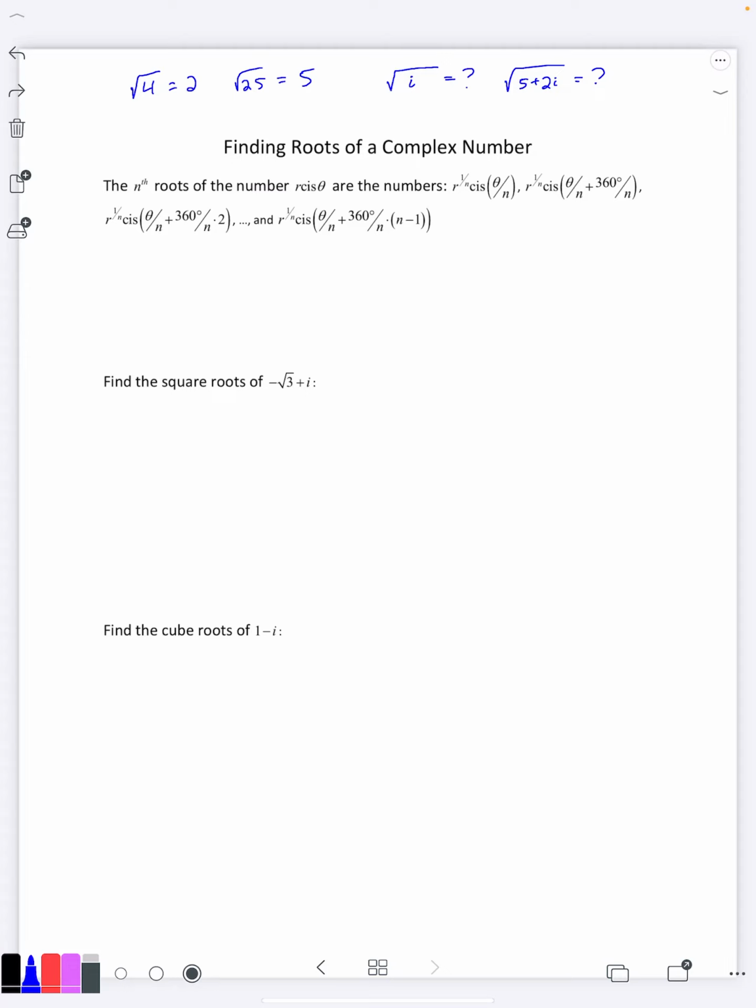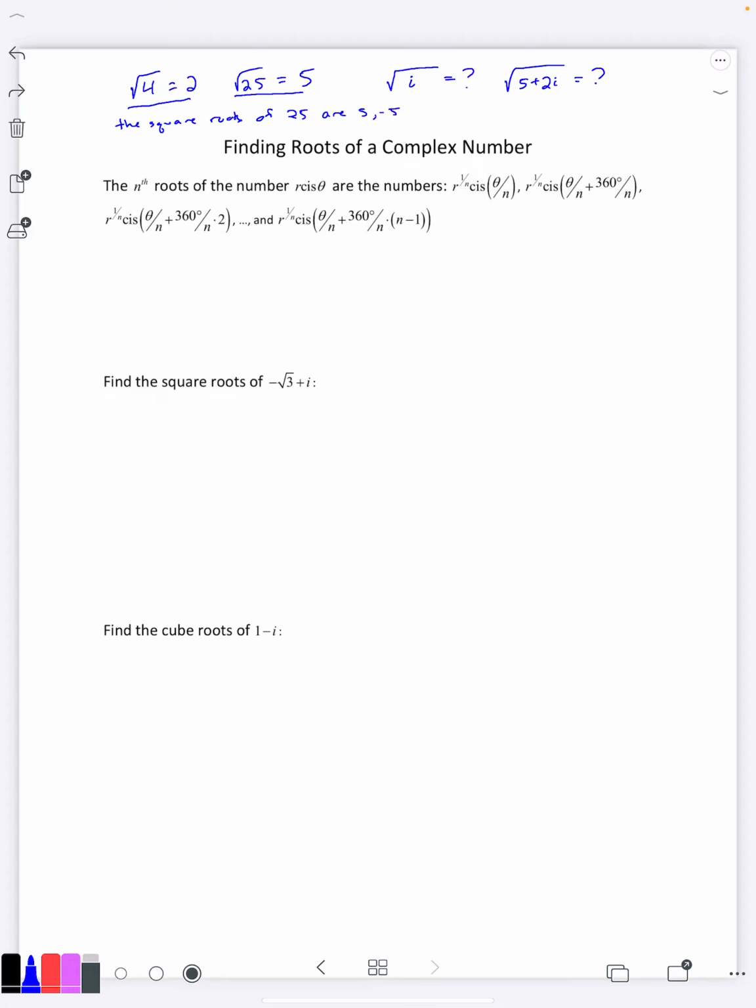Now, before I continue any further, I want to point out something. When we use the square root symbol on real numbers like this, we specifically mean the positive answer you get when you take the square root. So the square root of 25 is just positive 5, it's not negative 5. However, if we don't use the symbol and we say the square roots of 25, they are positive 5 and negative 5.